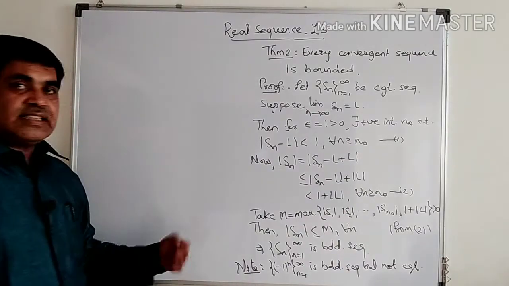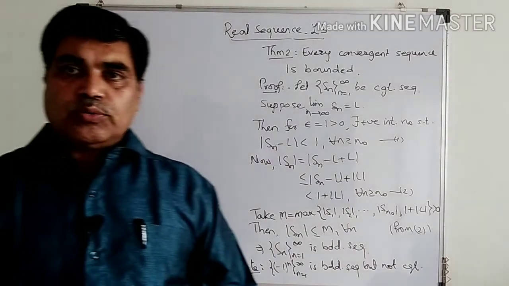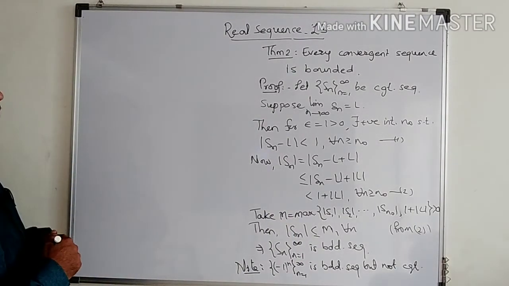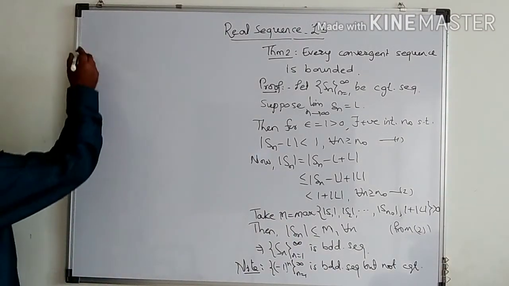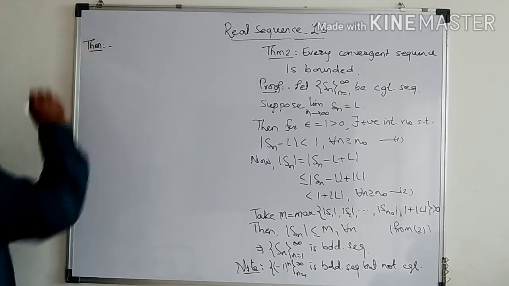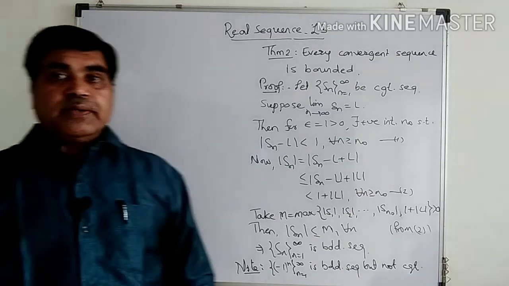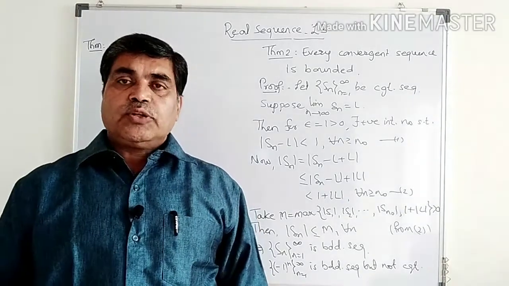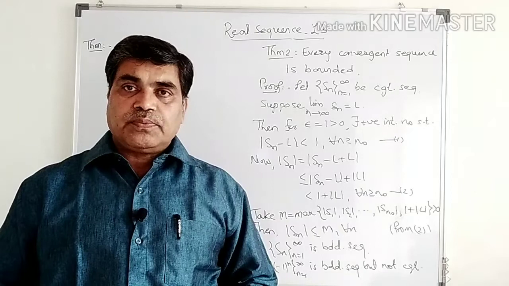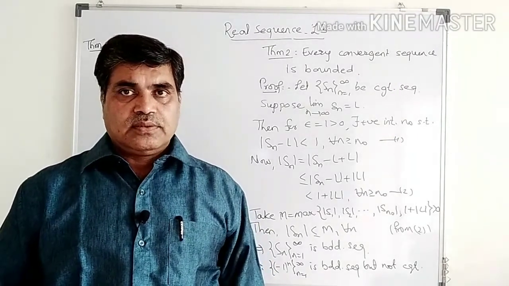Okay, so this is the example for converse is not true, simplest possible example. Now our next theorem: if a given sequence is convergent, then we will talk about what will be the limits of its subsequences.